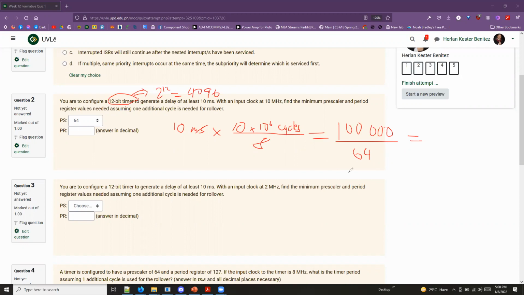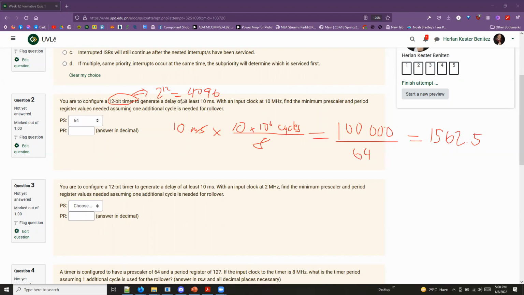So we can divide yung total number na required by 64. 100,000 over 64 to get 1,562.5.